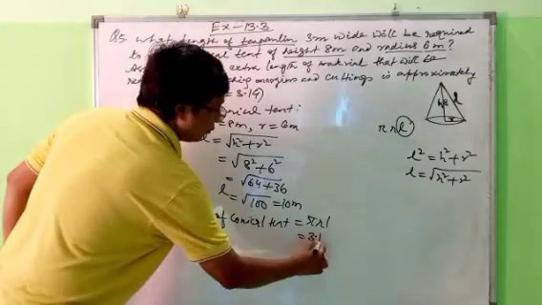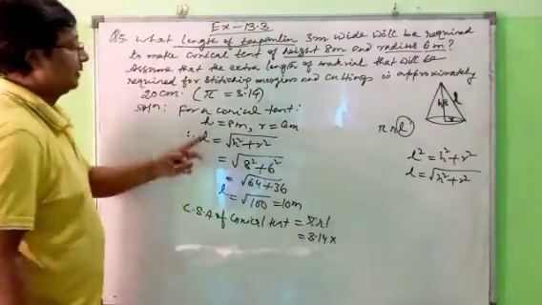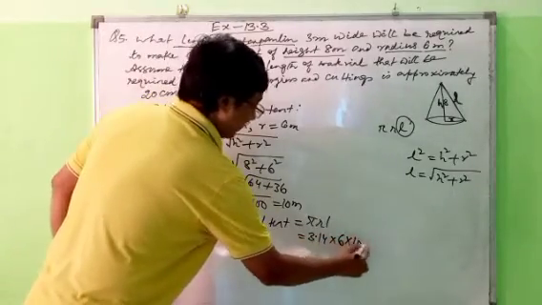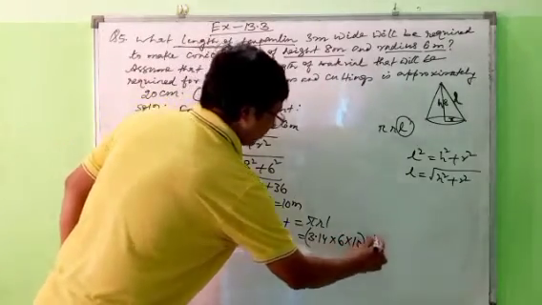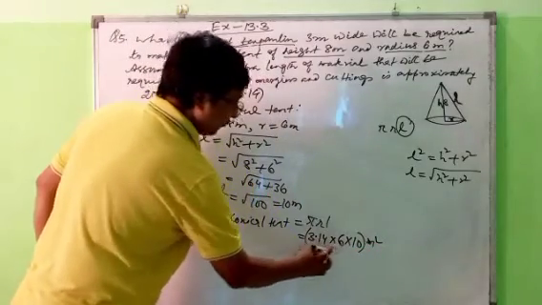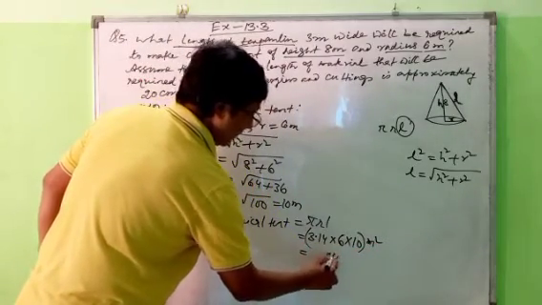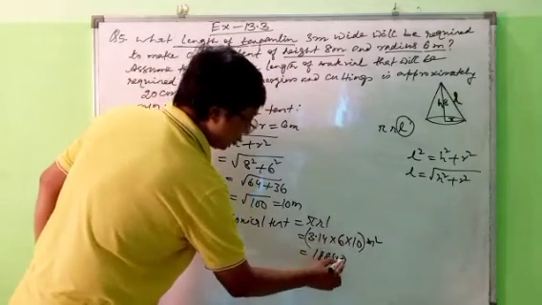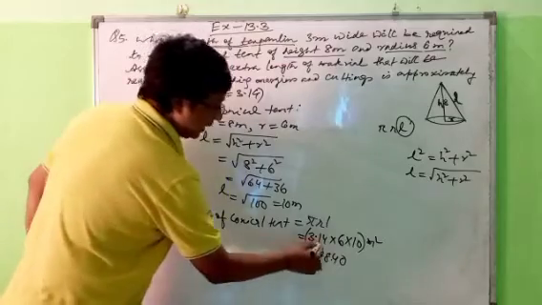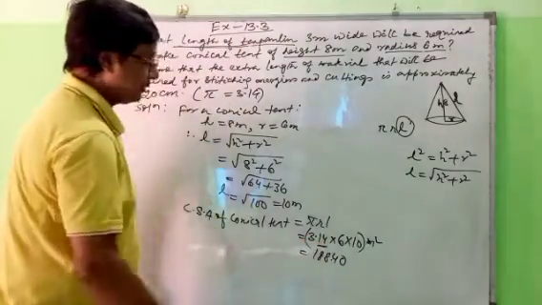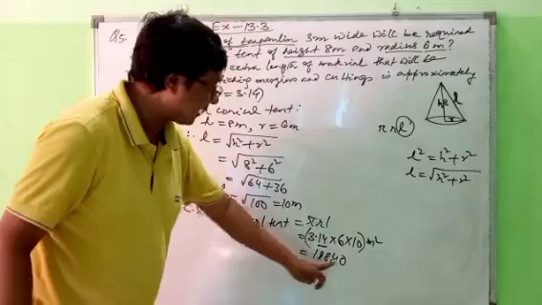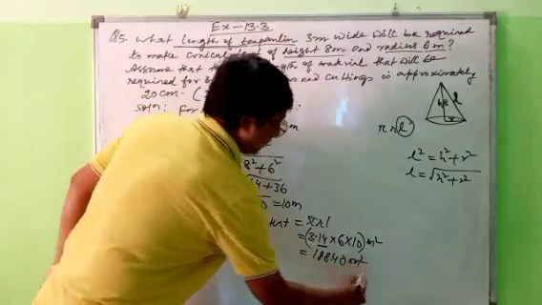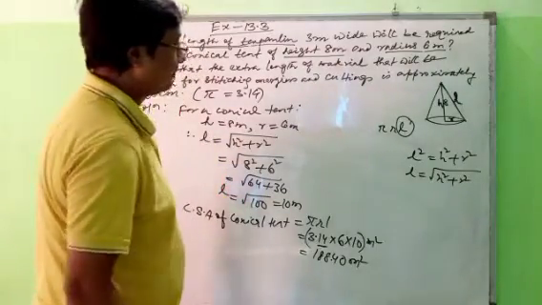So 3.14 into r, the radius is given 6, into L, L is given 10. That will be meter square. It equals, 6 into 4, 24; 6 into 8, 48; 6 into 3, 18. After the point there are 2 digits, so the point will move towards the left after 2 digits. So you have got 188.4 meter square.